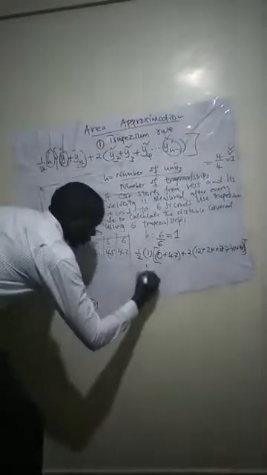So you will start by working out the first part. 0 plus 47 gives us 47.